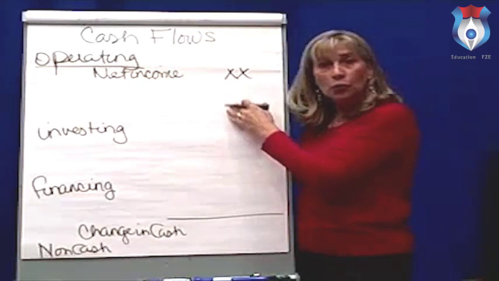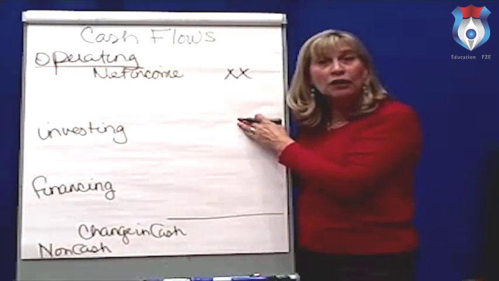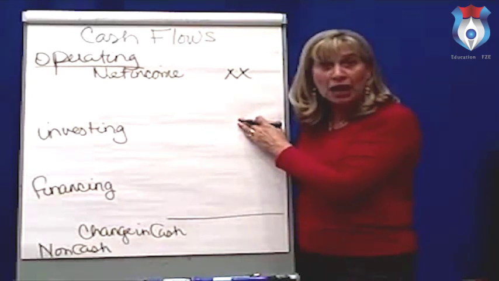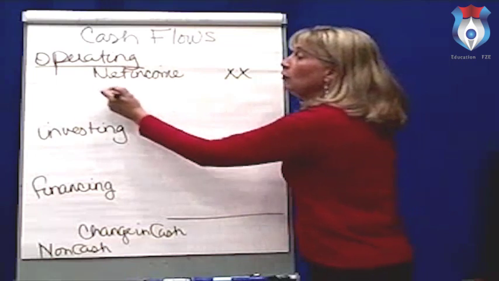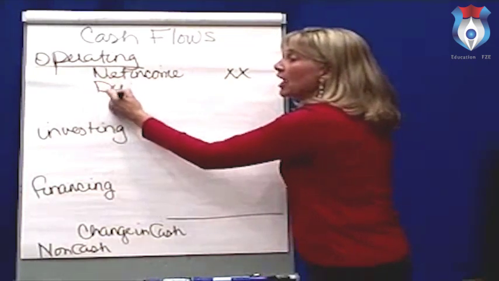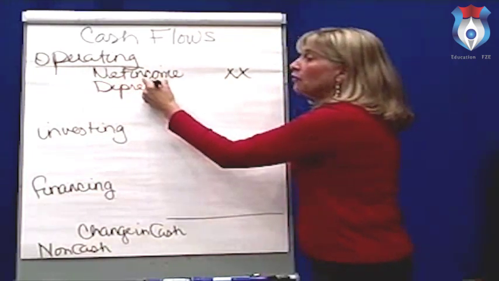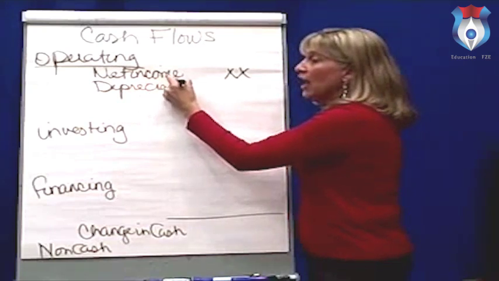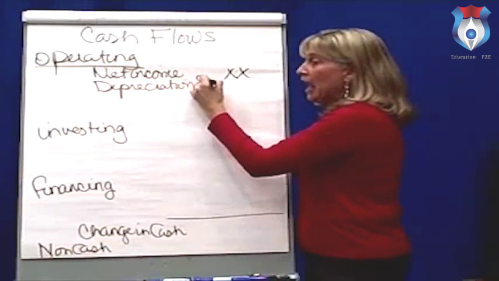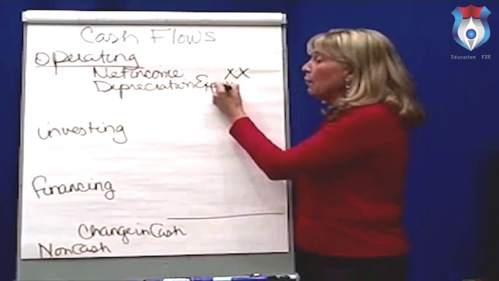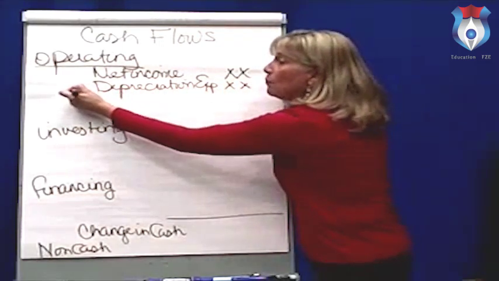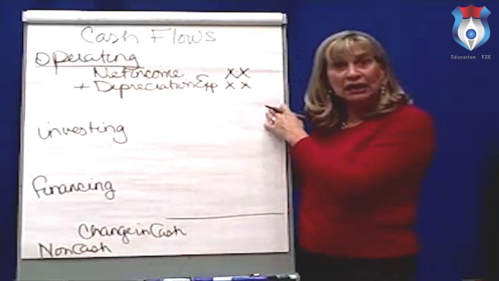Then we're going to cruise through the income statement and look for any non-cash revenue and expense items. Those include things like depreciation expense. Since depreciation does not spend any cash, we want to add it back. So we're going to add back depreciation to net income.